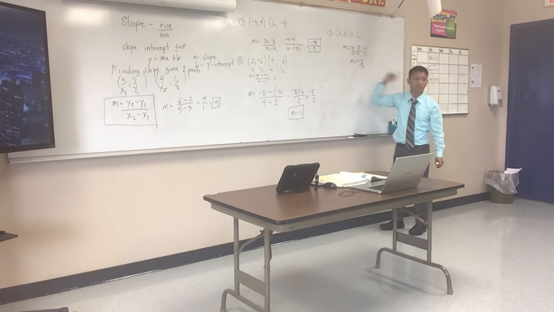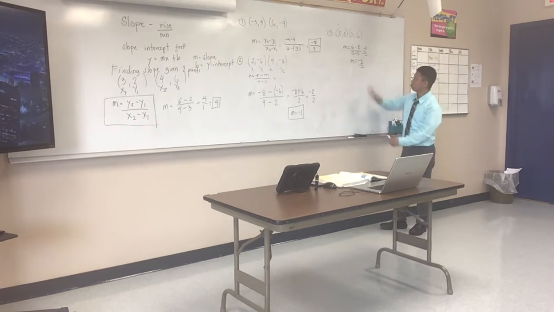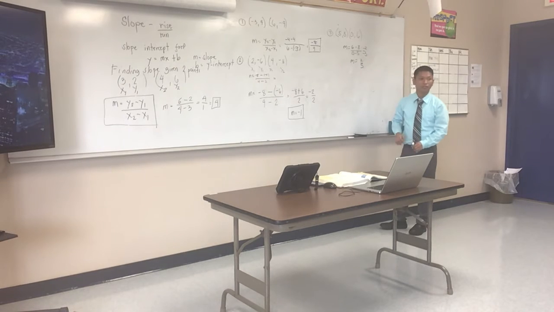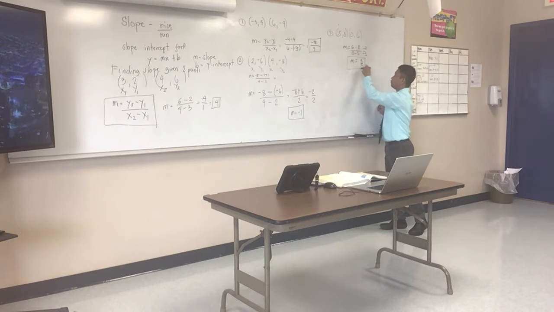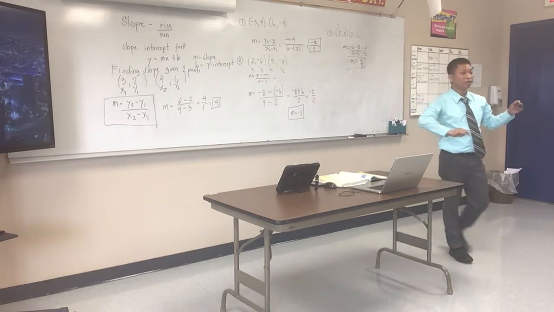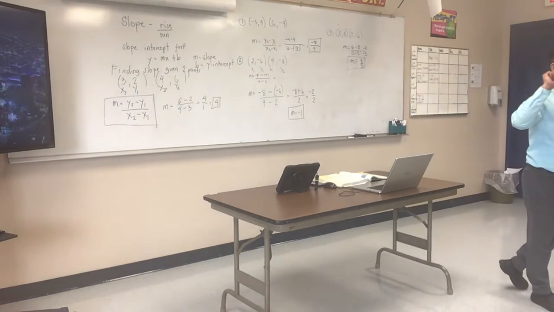Negative divided by negative, that's positive. So therefore, our slope now is 2 over 5. It's easy, right? Do you have any question about this one?